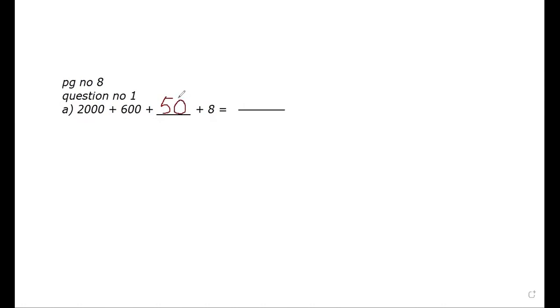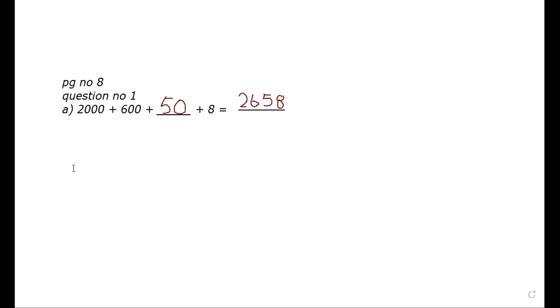So I'm going to write 1 0. It becomes what? 50. Now I have to write the answer of this one by adding all these. First I'm going to write this 2, then 6, 5, and then 8. 2658. The answer of this one is 2658.